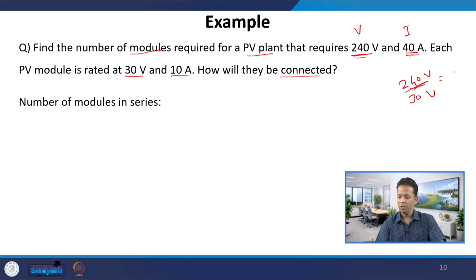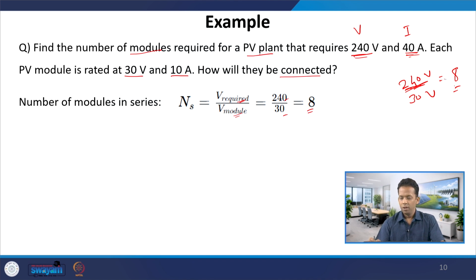How many modules will we get? 8 modules. So, we need to connect 8 modules in series to get the total voltage of 240, clear? So, the number of modules in series is the required voltage divided by the voltage of a single module, that is 240 by 30.